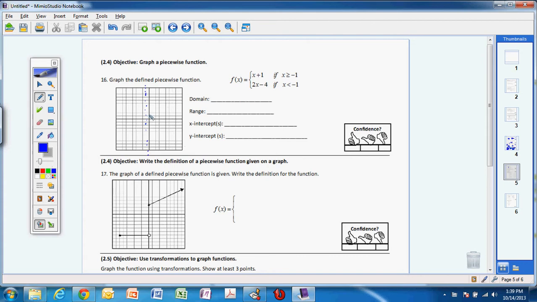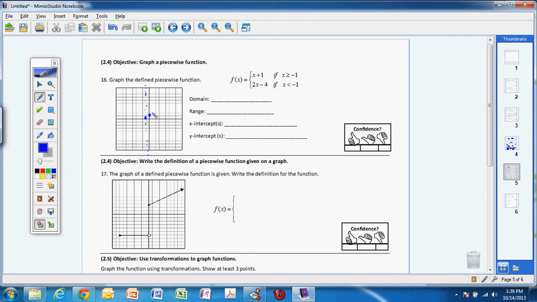In this case it has a y-intercept of 1, so I have a point right there. And then I want to get over to -1. Instead of going up 1 and over 1, I'm going to go down 1 and over 1. Since we're greater than or equal to -1, this is going to be a colored in dot over here.